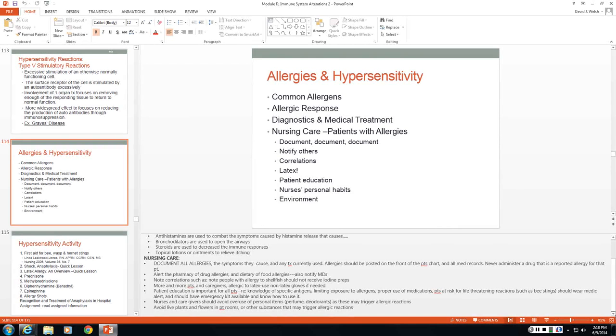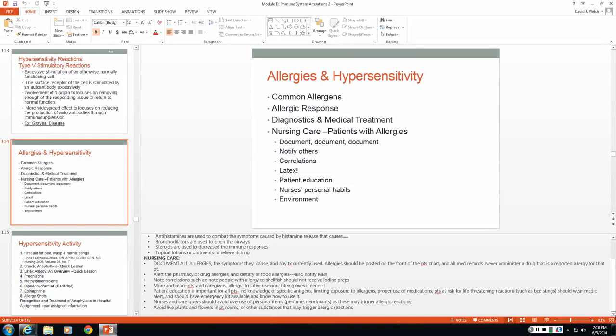An allergic reaction is something that modifies your homeostasis. So it causes swelling, causes you to have problems breathing, causes you to become unresponsive, those type of things. That's the type of things you're looking for.